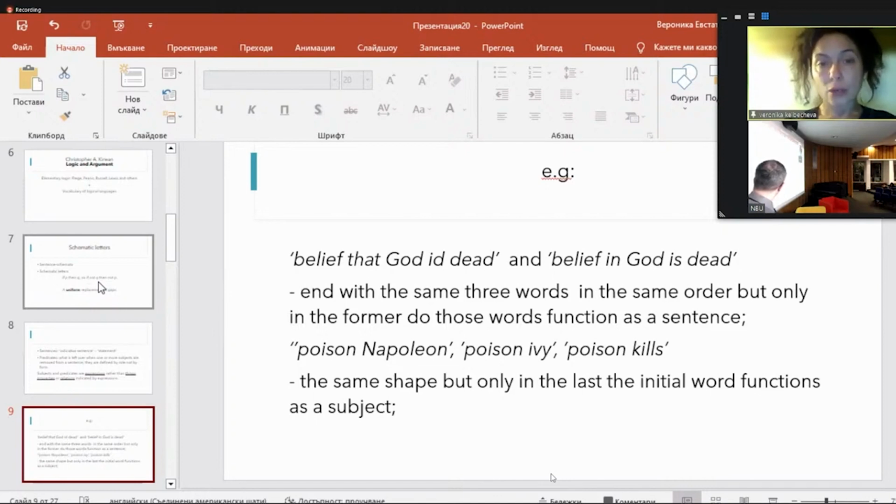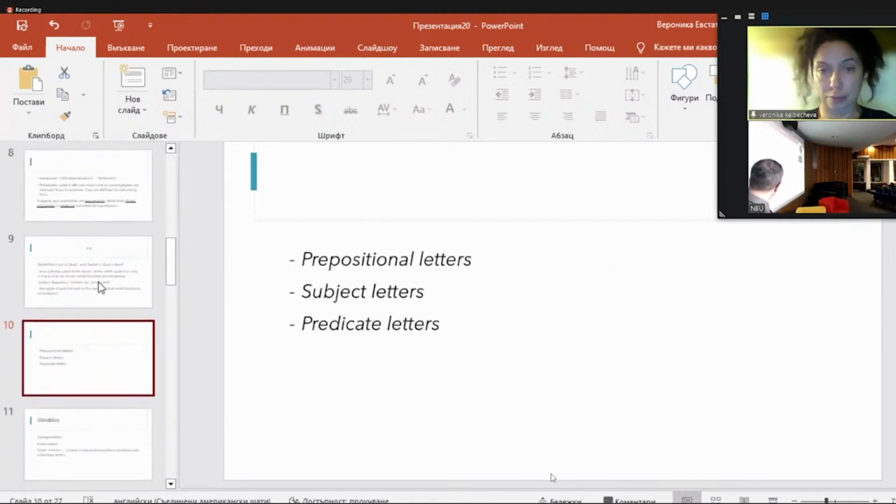They both end with the same three words in the same order, but only in the former do those words function as a sentence. Or another example: poison Napoleon, poison ivy, and poison kills. The same shape for all the sentences, but only in the last does the initial word function as a subject. So here he introduces propositional letters, subject letters, and predicate letters to illustrate all types of sentences with symbols.